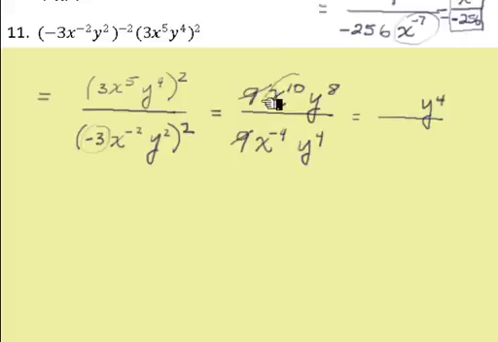Now, these x's, we're going to take x to the -4 and bring it to the numerator. Okay, we'll just be left with 1 in the denominator. All right, so we'll have x to the 4th in the numerator, also x to the 10th. Multiply these by adding exponents, and our final answer will be x to the 14th y to the 4th.